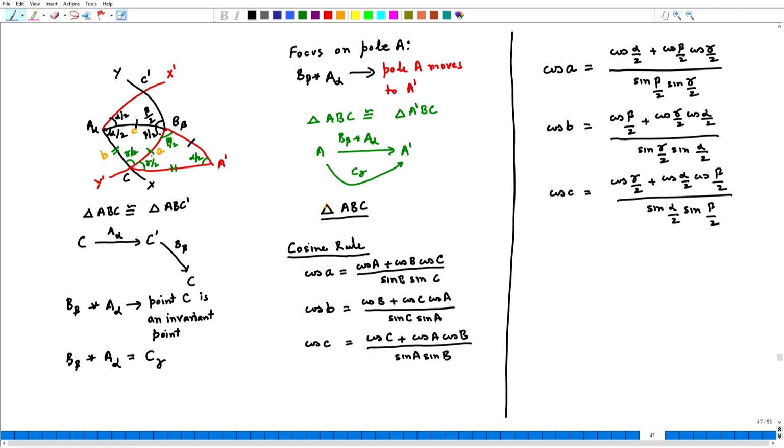So, we have found a set of relationships now between A, B, C and alpha, beta, gamma.